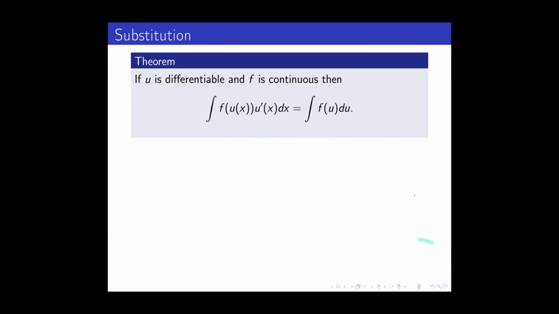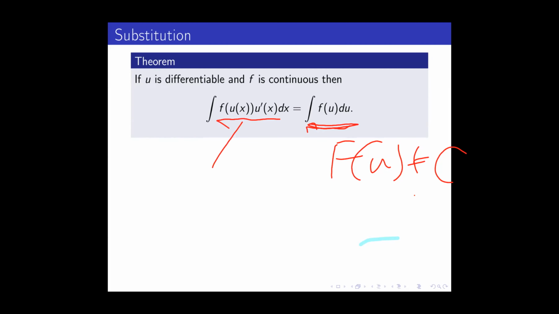Once you know an antiderivative for the function f, let's say F(u) + c, the indefinite integral of f, then you know the indefinite integral of this function, now in the variable x, and this function may look much more complicated than that function.